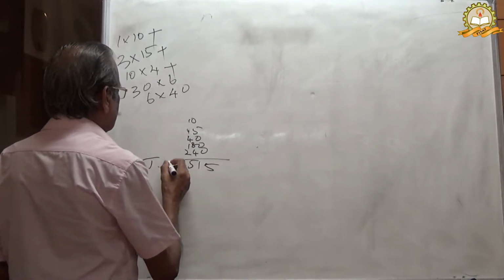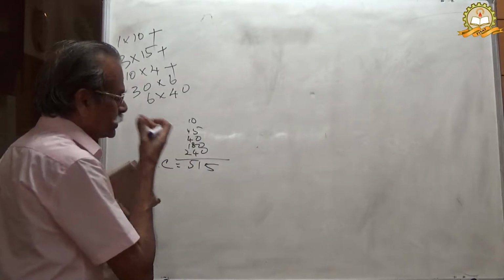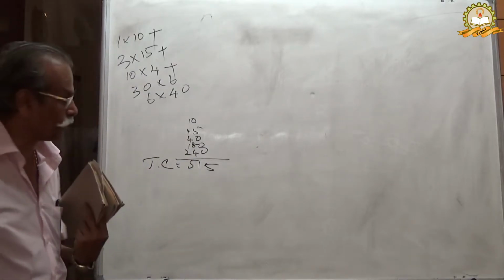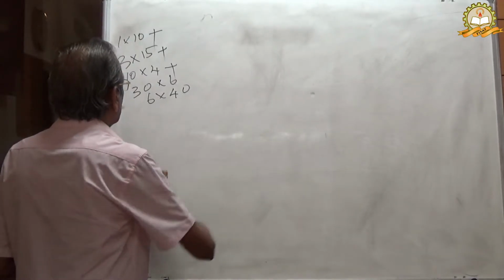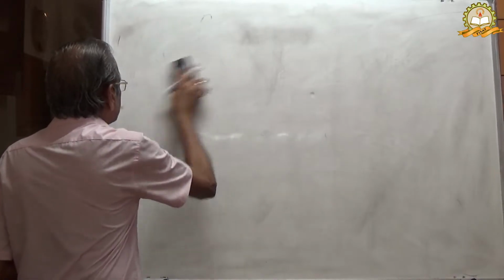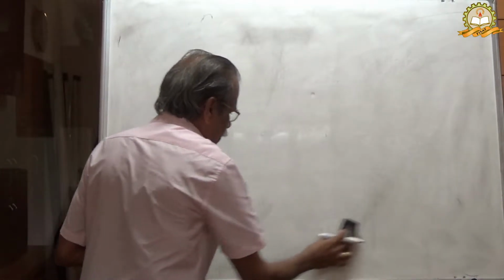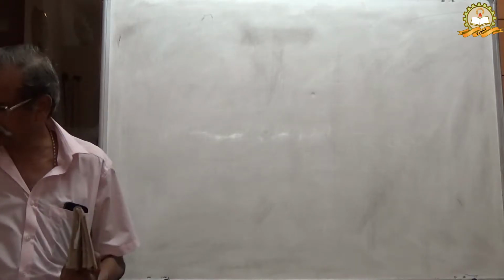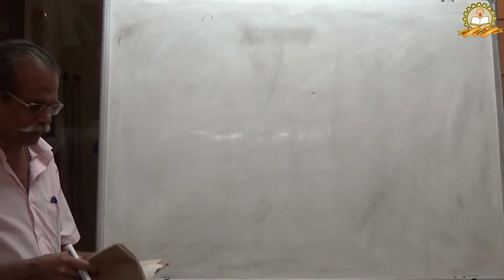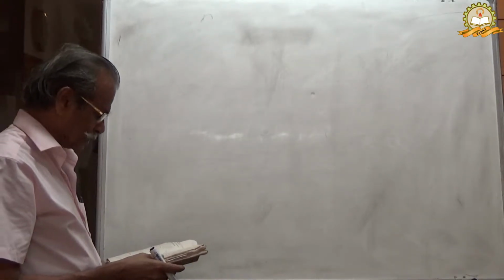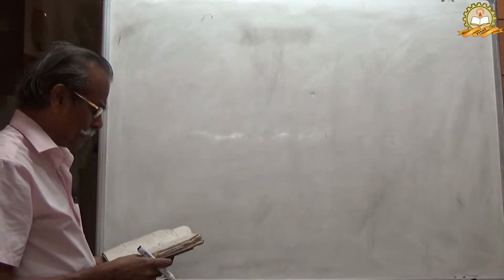Total TC, transportation cost, equal to 515. Here we say the minimum transportation cost can be 515.